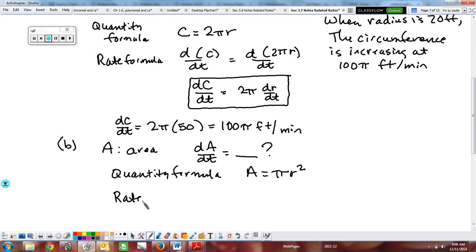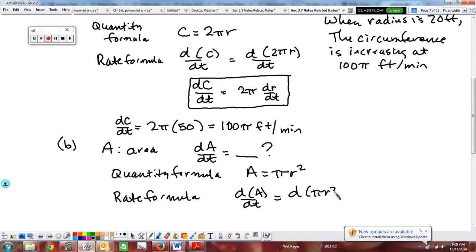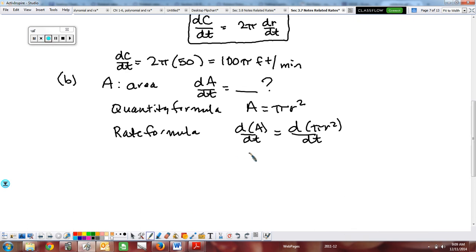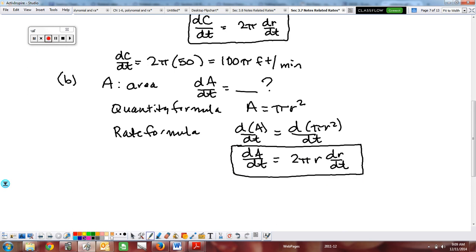My rate formula, take the derivative of A with respect to t, take the derivative of pi r squared with respect to t, dA/dt equals 2 pi r dr/dt. So now we know that we have our related rates formula. We have what we're trying to find, so we're going to plug and chug everything else in. It's a very simple problem.